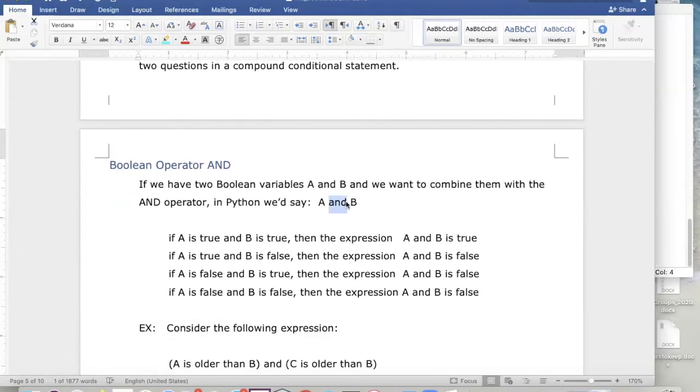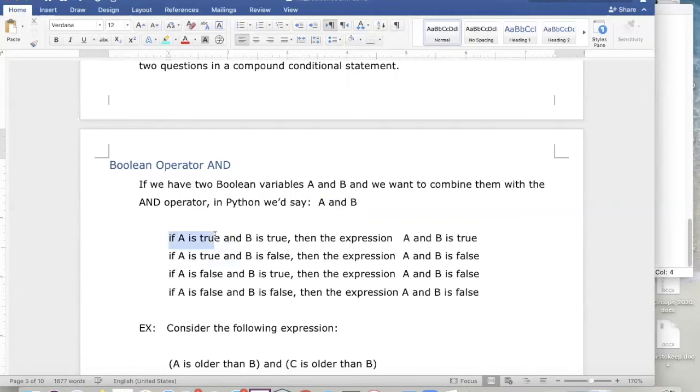Let's say that we have two questions, and that A is the result of the first question and B is the result of the second question. If we want to combine those two results using the AND operation, in Python we type A and B. And the rules for evaluating the AND expression go like this.